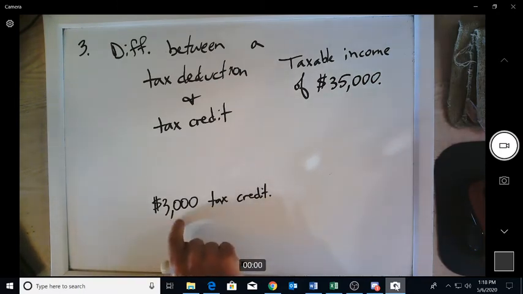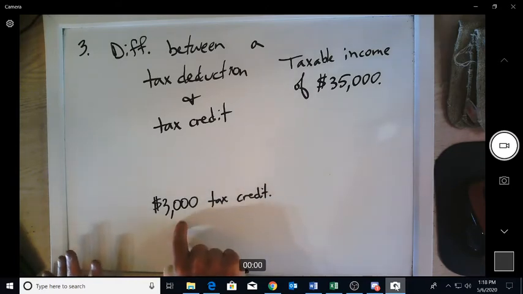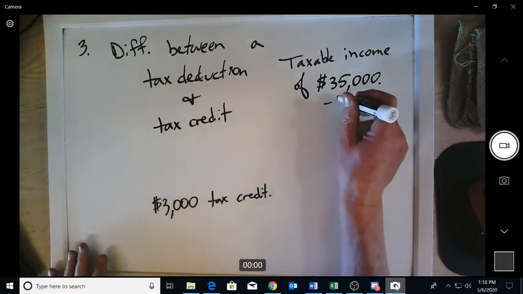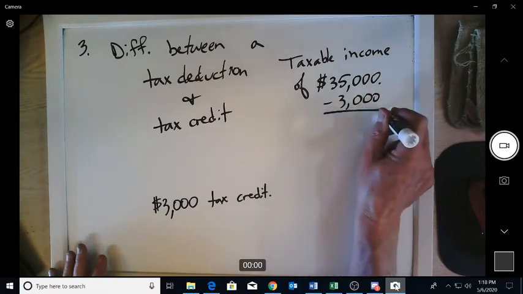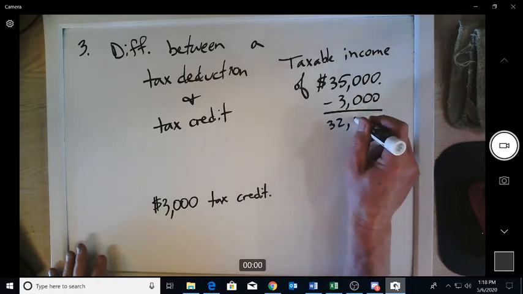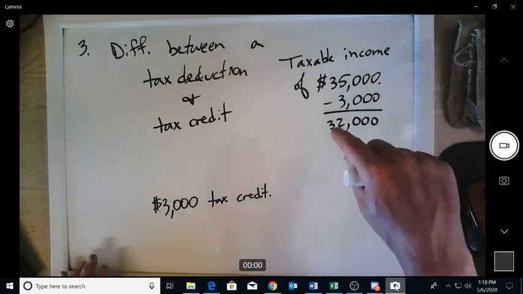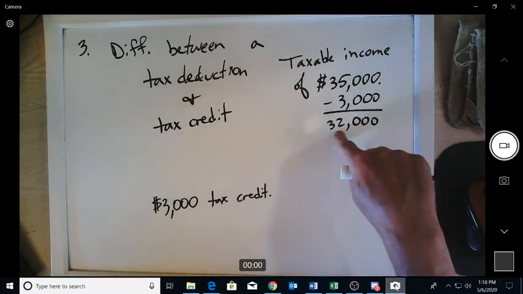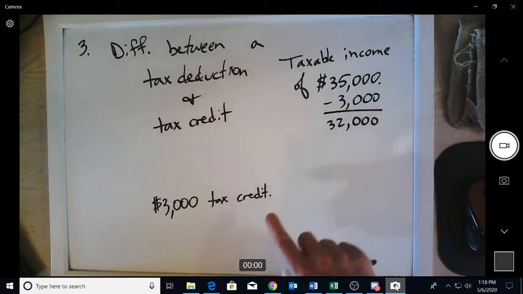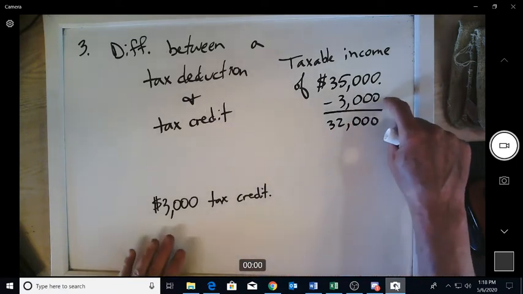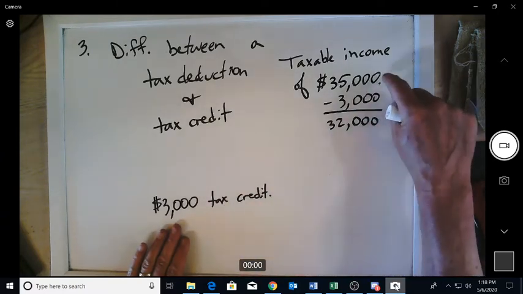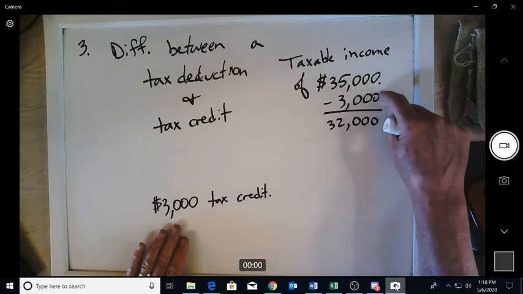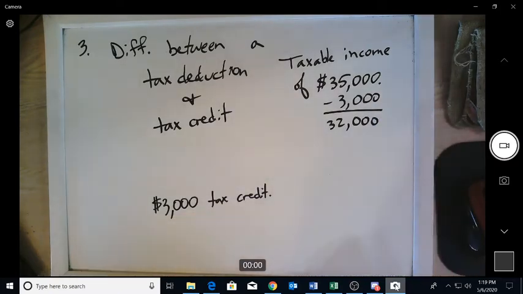The most common response was people were subtracting this here, and then finding their taxes from this. But that's wrong. If you do that, you're treating this as a tax deduction. You're deducting from your income, but you're not supposed to do that.